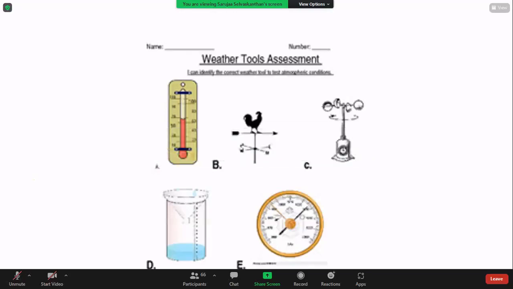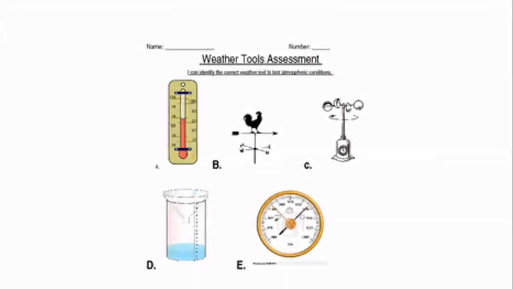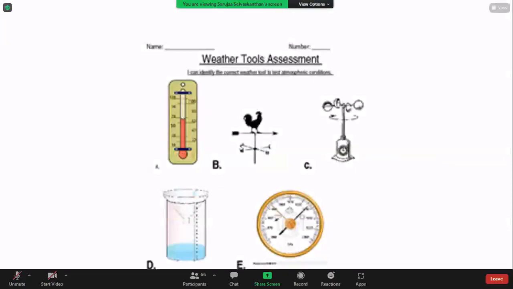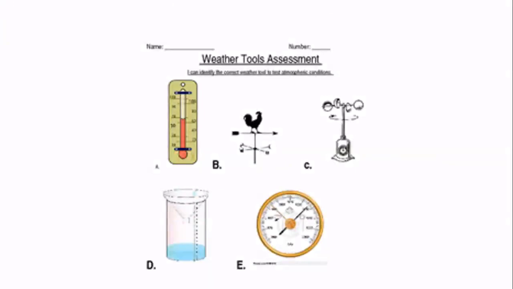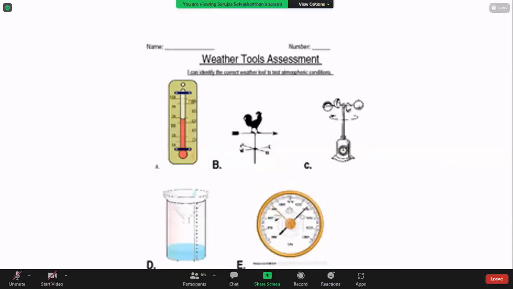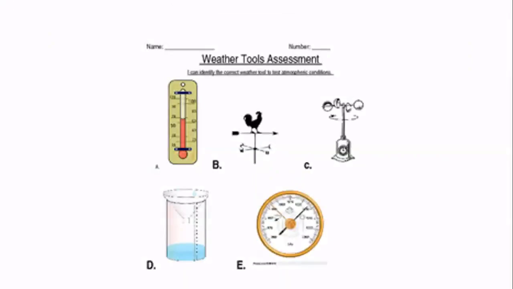Yes, ma'am. What is A? Thermometer. Yeah, correct. Then 04. Yes, ma'am. The second, B: wind gauge, wind vane.